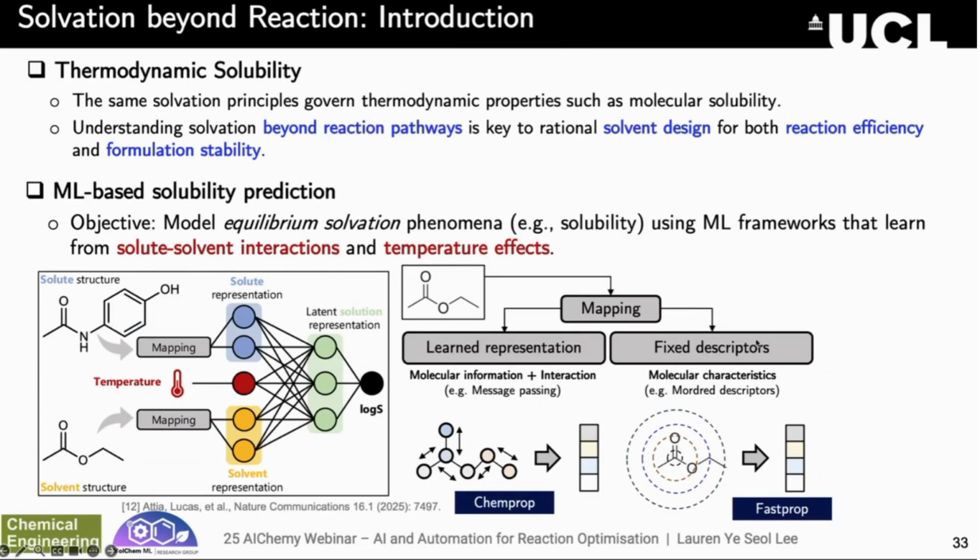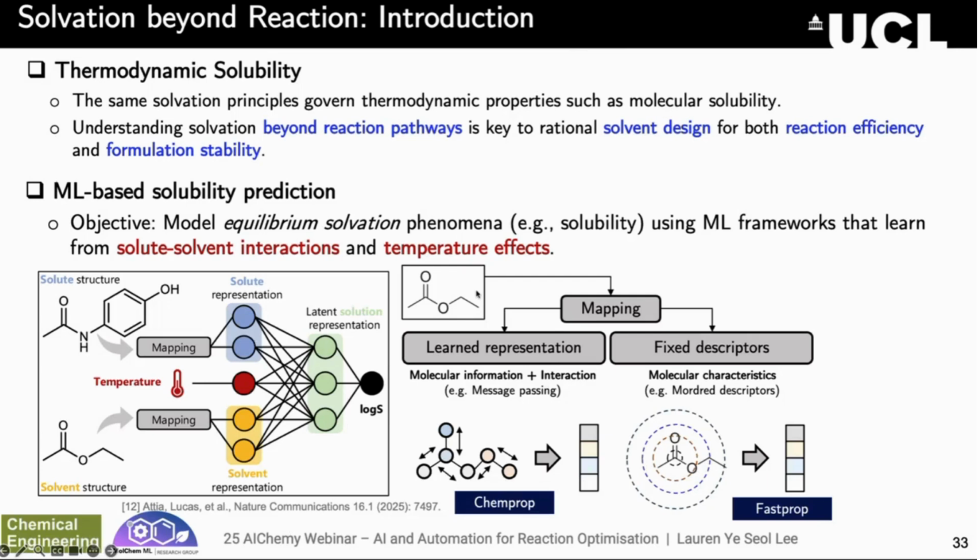So alongside reaction kinetics, we are also exploring a complementary direction, solvation beyond the reaction pathway, focusing on thermodynamic, equilibrium solubility. Here, the goal is to model solubility directly from the molecular structure, capturing solute and solvent interactions, and also how these interactions change with temperature.